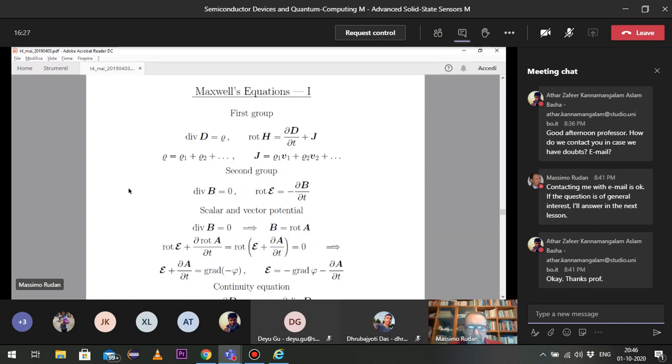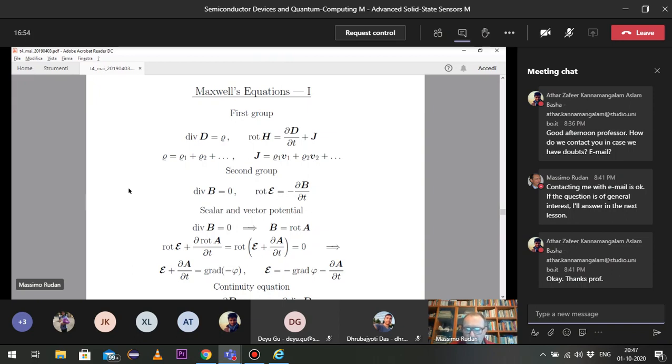However, when we consider the fact that the second group of Maxwell equations provide relations among the components of the electromagnetic field, we may think that actually fewer components than 6, or fewer scalar functions than 6, are sufficient.